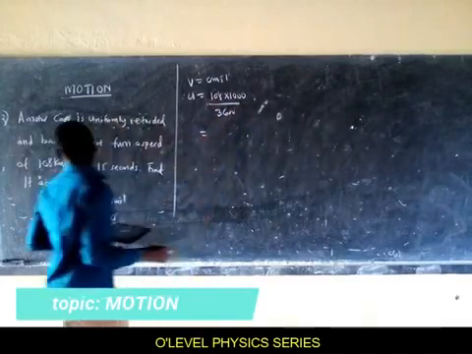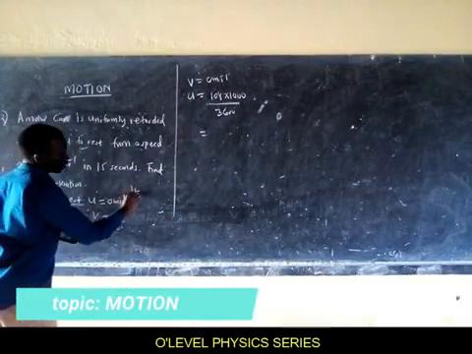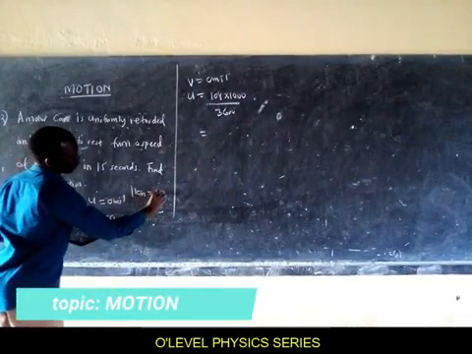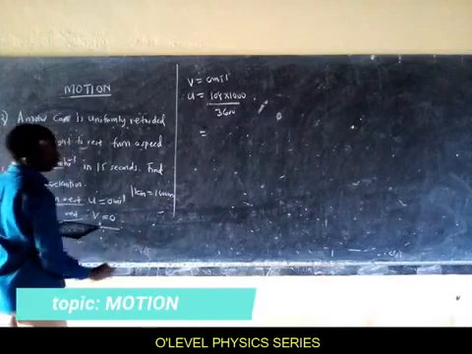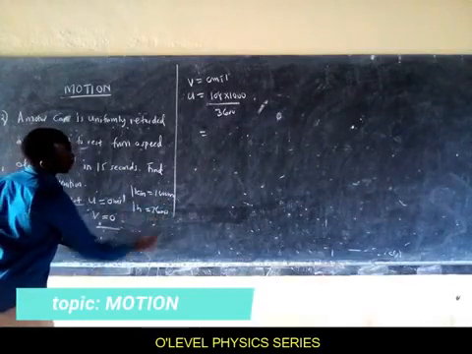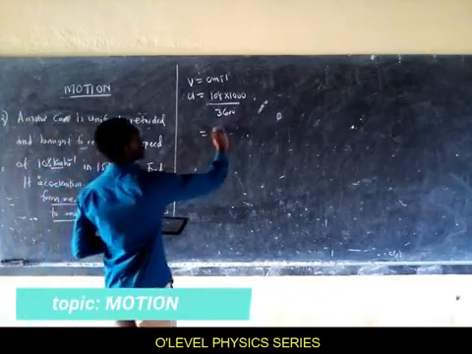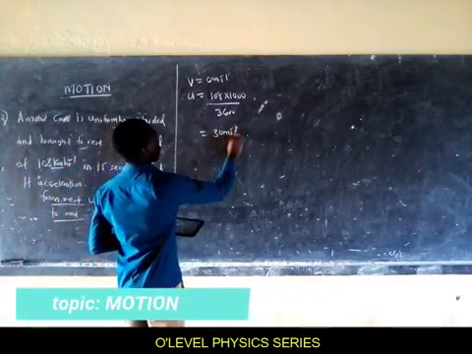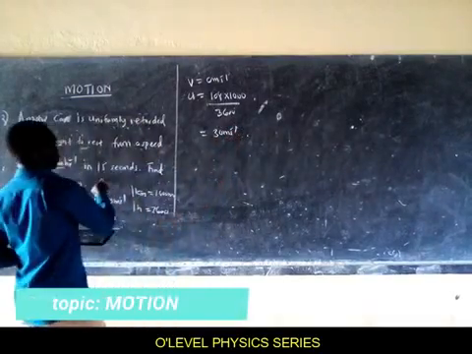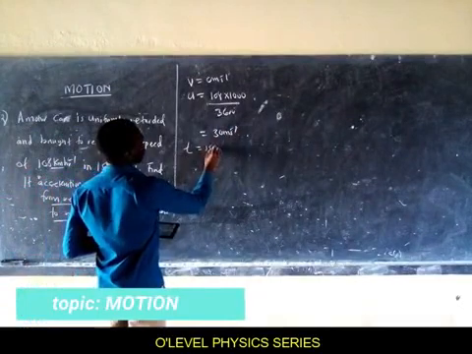Why? Because 1 kilometer has 1,000 meters. Likewise, 1 hour has 3,600 seconds. Now dividing up, I'll have my u as 30 meters per second. Then they say in 15 seconds, meaning time equals 15 seconds.